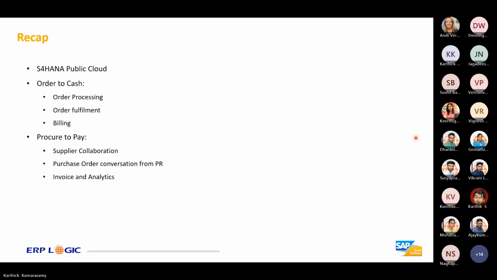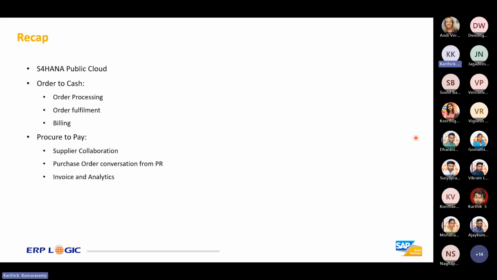Okay, and let's do a quick recap of what we have done. We started with S/4HANA Public Cloud, followed by order to cash, where we talked about customer relations, order processing and fulfillment, and finally we showcased the billing part.